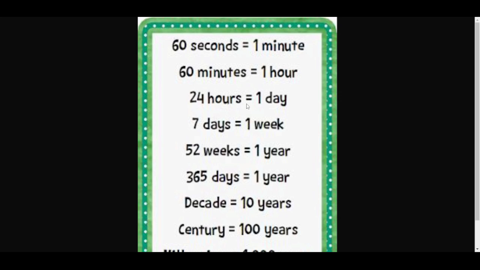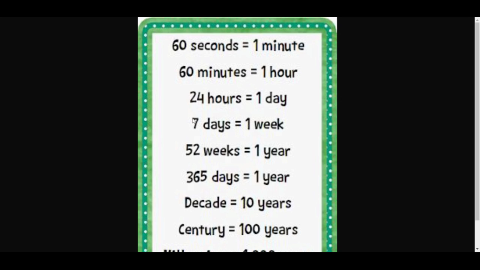So 24 hours is equal to one day. If anyone asks how many hours are there in one day, we say 24 hours. If anyone asks how many seconds are there in 1 minute, we say 60 seconds. How many minutes are there in 1 hour? We say 60 minutes.